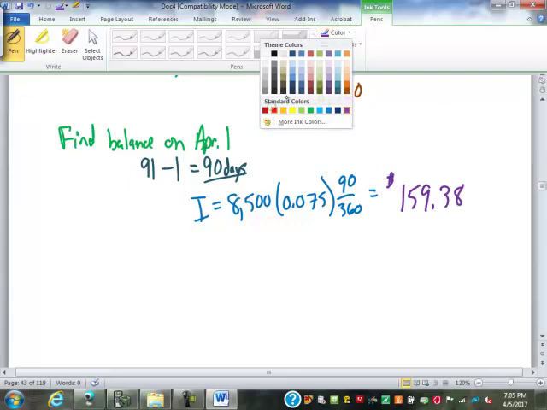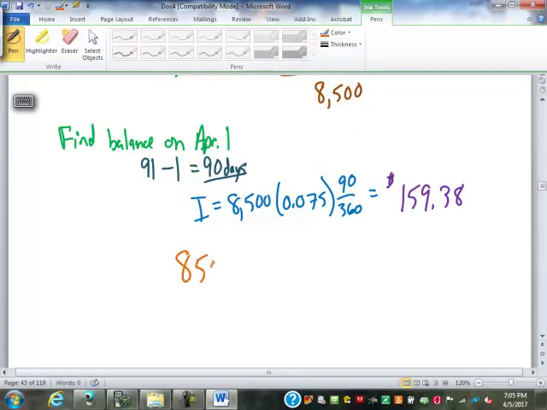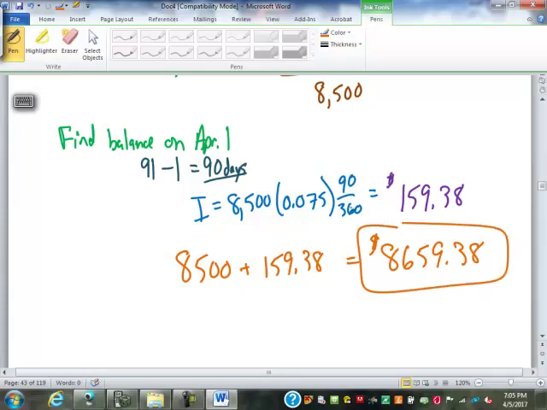So we add that to the 8,500, which equals $8,659.38. What would that balance have been if we had made the payment on the 1st of every month?